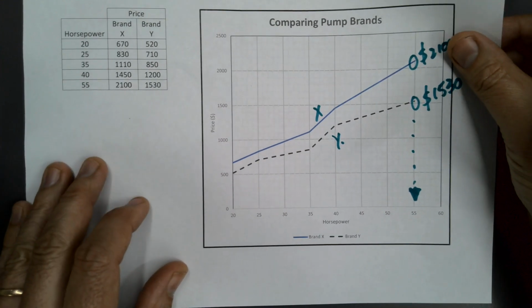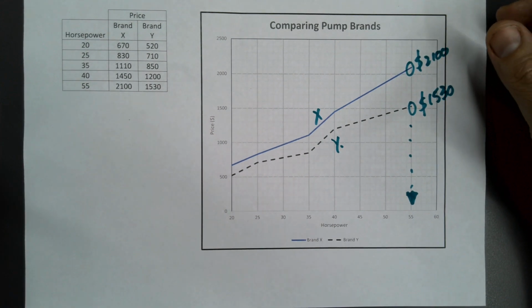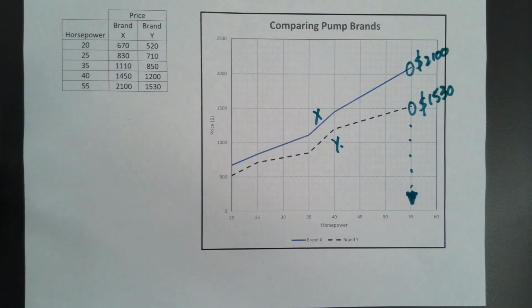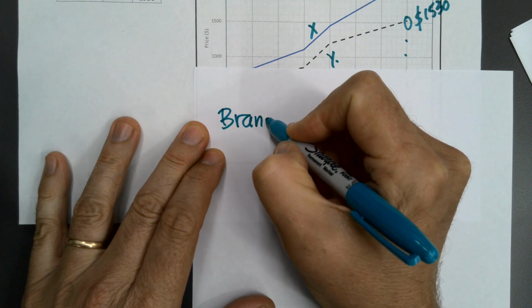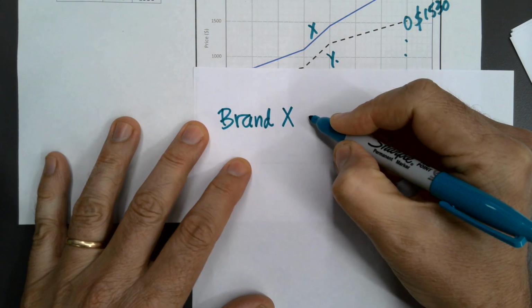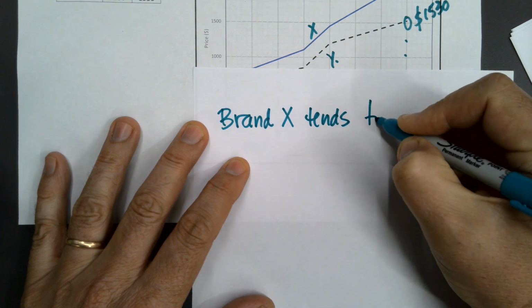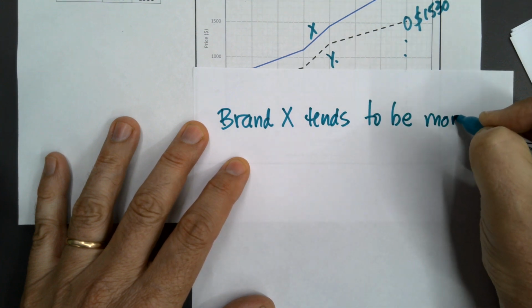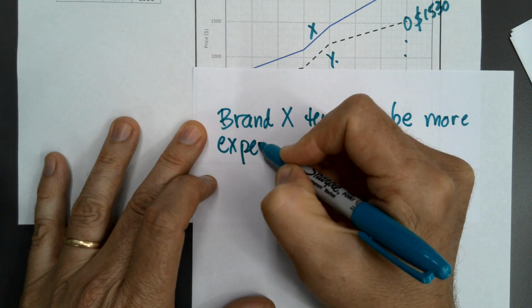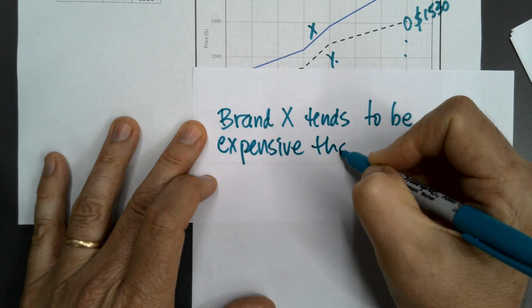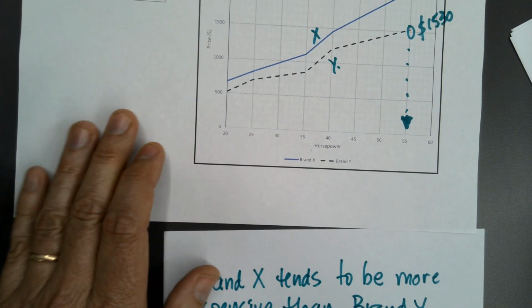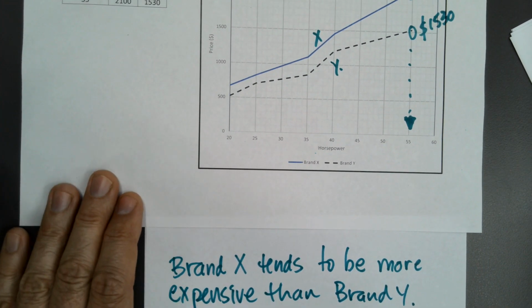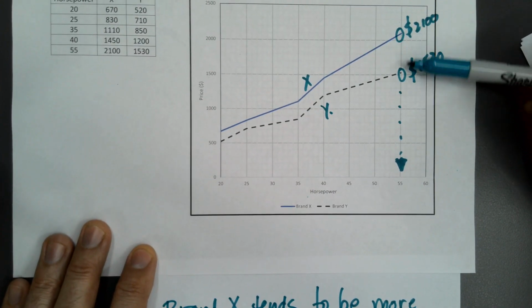So that's something that we can set up in a discussion or in a sentence, basically. So you move into another bit of paper. You could say something like this. Brand X tends to be more expensive than brand Y. So that's just a general statement just by looking at this.